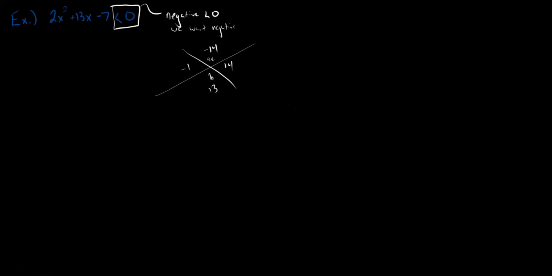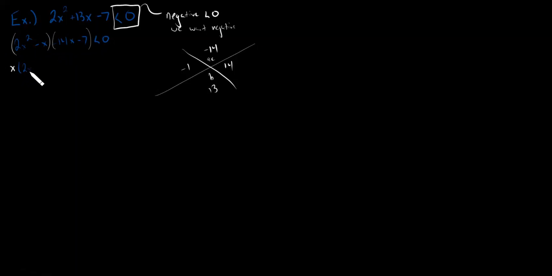Okay, so these are our numbers, so we go ahead and bring down the first term, bring down the last term, and split the middle term using our two numbers, and now we go ahead and factor. So we group our first two terms, group our last two terms, and take out a greatest common factor. Between 2x squared and negative x, all I can factor out is an x.